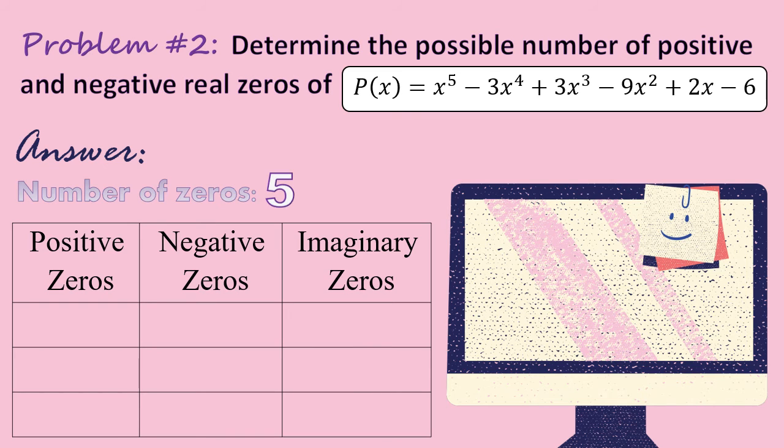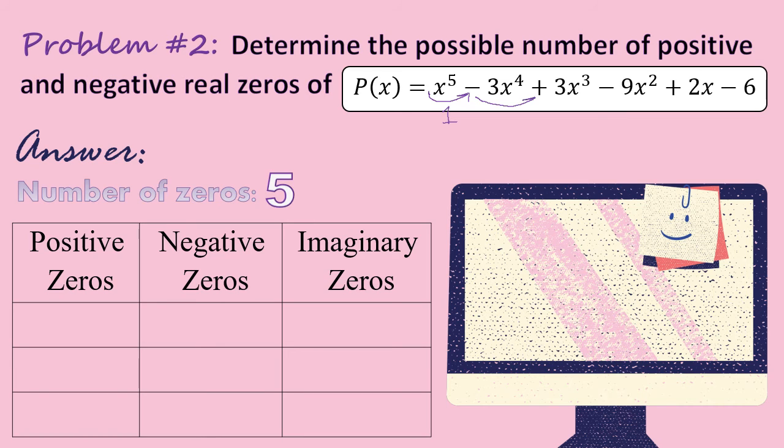So first of all, for us to find again the maximum number of positive zeros that we may have, you just simply count the variations of signs of the given p of x. As you can see, positive, then becomes negative, so there is a variation.